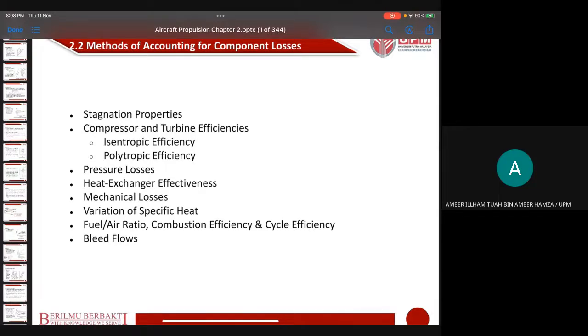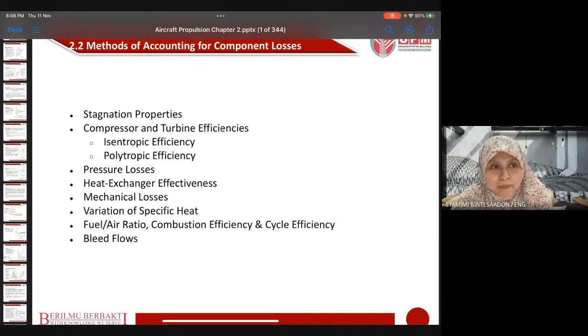Doctor, just to comment, I haven't seen this system used in aircraft applications, maybe in ground applications probably. Yeah, maybe more on the power plant, right? Because yes, I agree, one of the constraints for aircraft may be the weight, the impact of the extra weight added to the engine. So yeah, maybe that is the constraint.